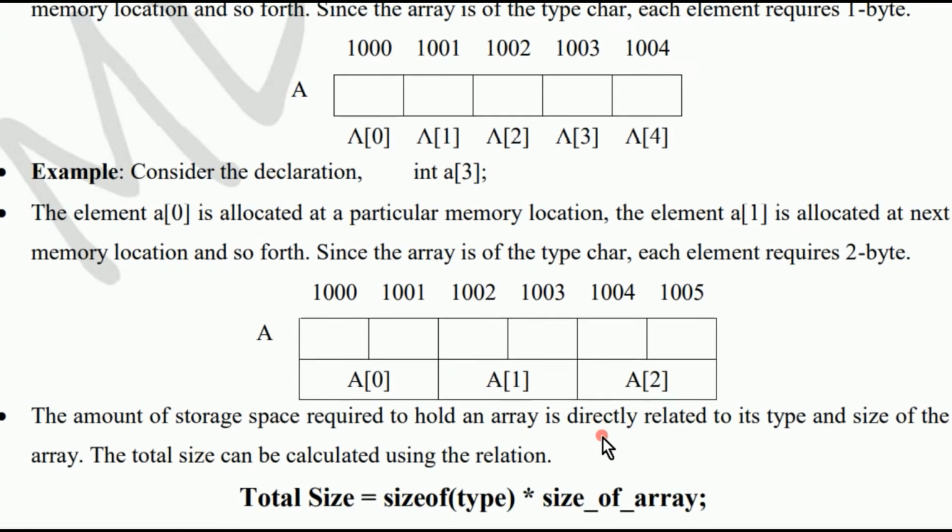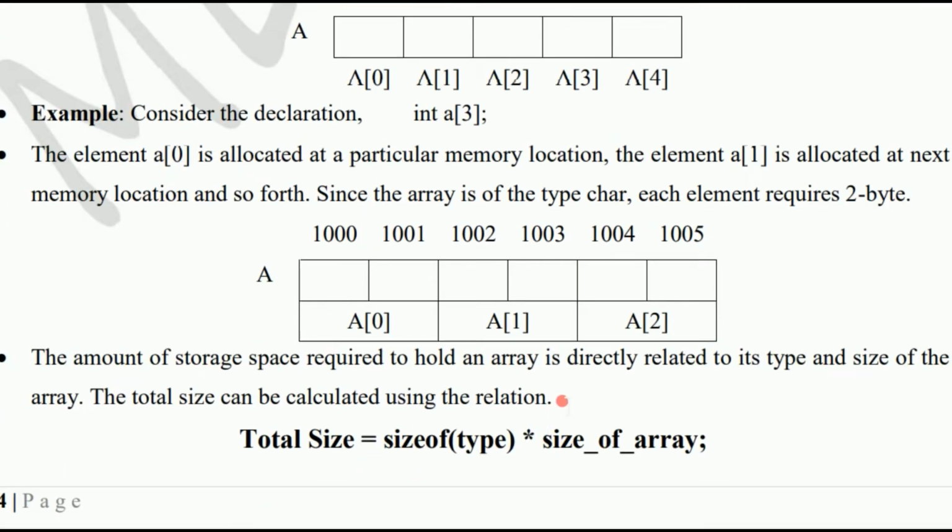The amount of storage space required to hold an array is directly related to its data type and the size of the array. The total size can be calculated using the relation: total size = size of data type * size of array. For example, if it is int, then it may be 2, size of int. If it is character, it may be 1, into n.